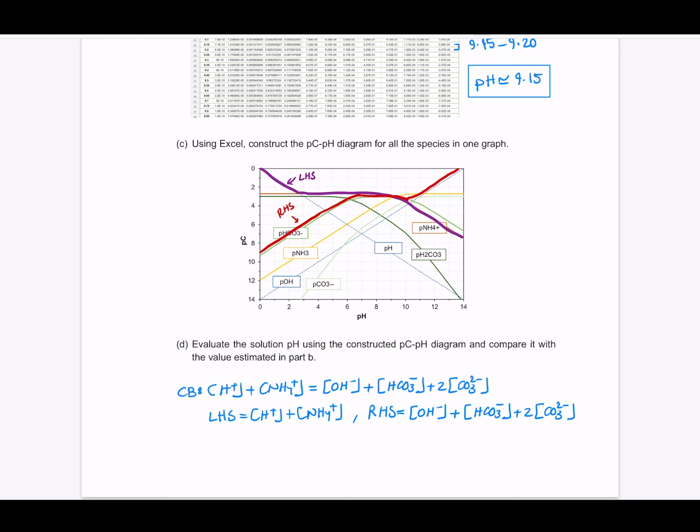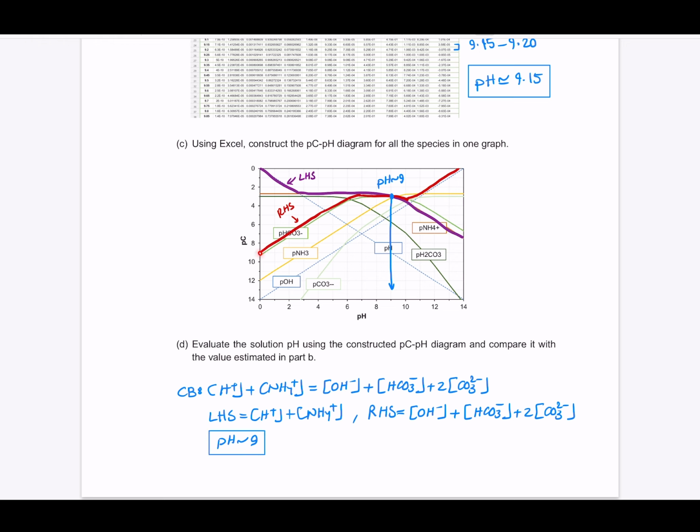When you look at it, my drawing wasn't the best, but there's only one point, and that point is very close to 9. So this would be the pH, almost 9, which is very close to what was predicted using the Excel file.